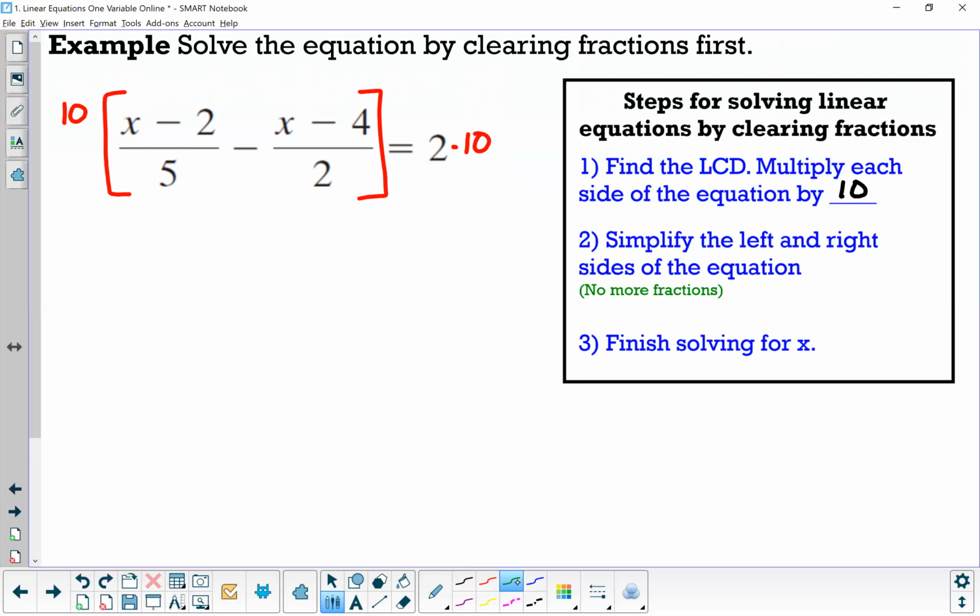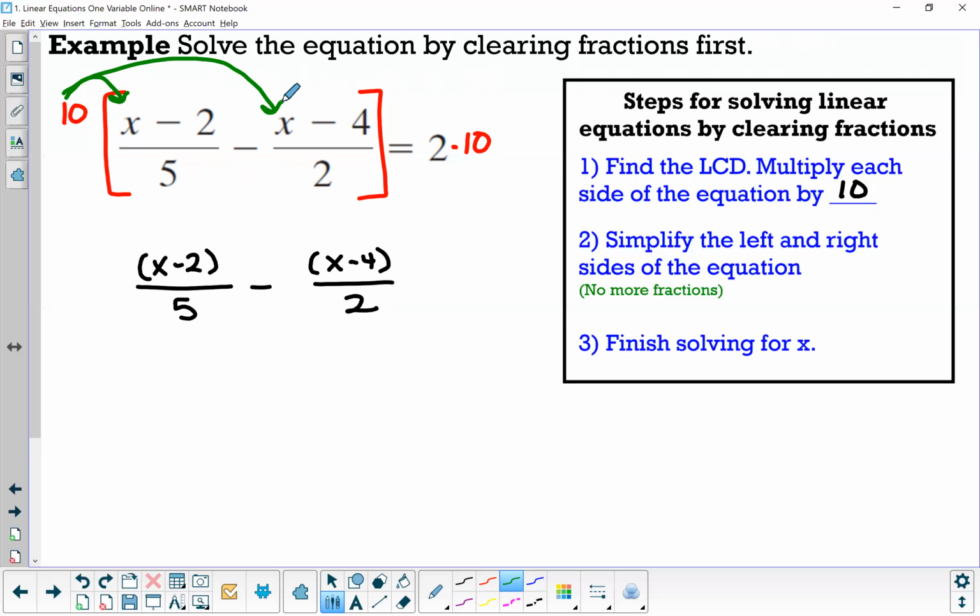Now be careful when you're distributing here, because see, the numerator of each of these fractions has multiple terms. So we're going to put that numerator in parentheses, the x minus 2 in parentheses, and the x minus 4 in parentheses. And then when we distribute the 10, there won't be any confusion.